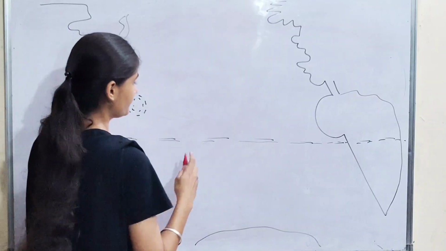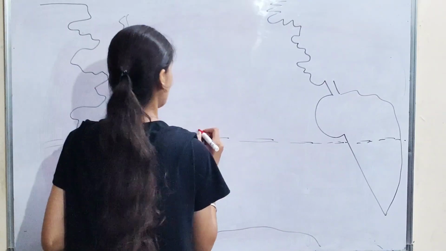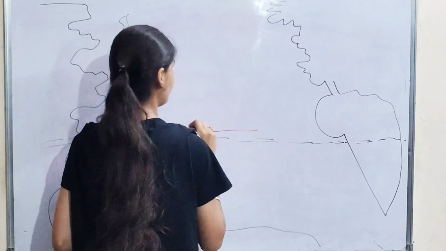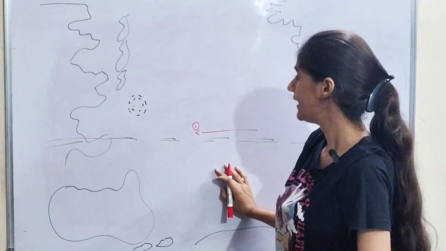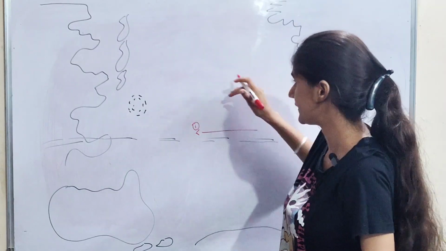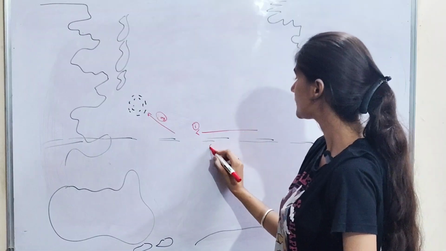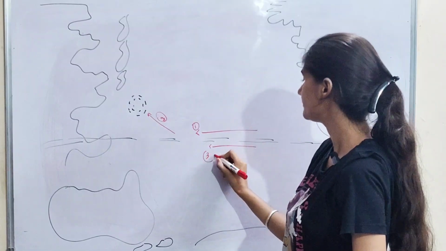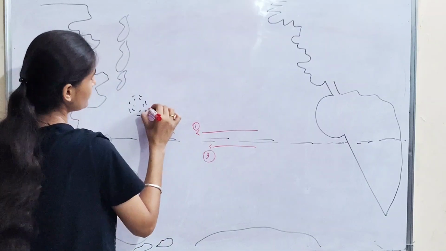Okay, so let's start. First is North Pacific Equatorial Current. Let me first number it and then we'll write their names. Second is Philippines Current. Third is South Pacific Equatorial Current.